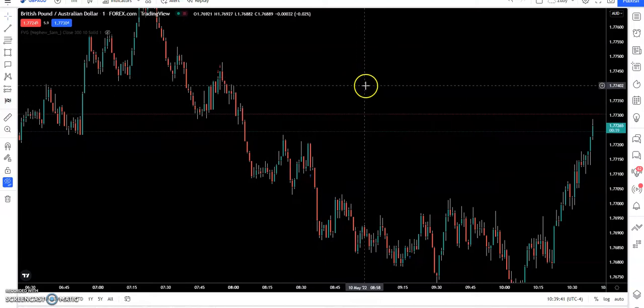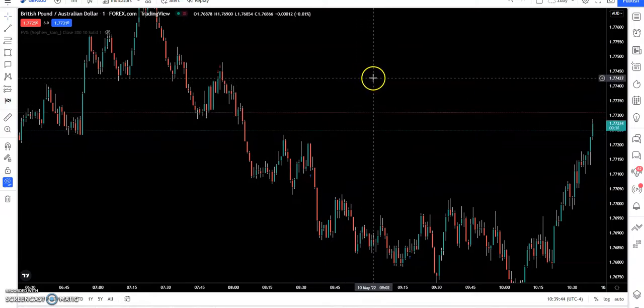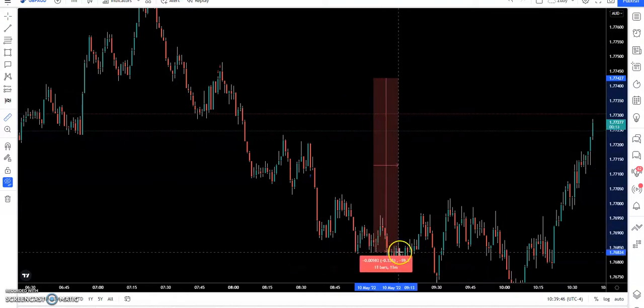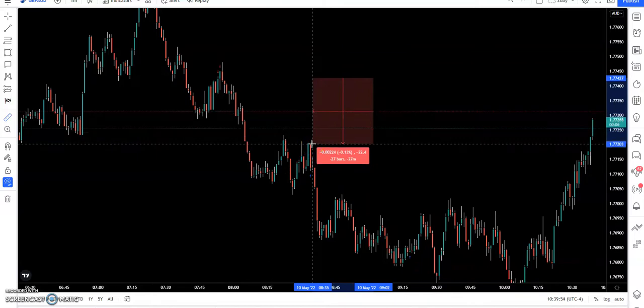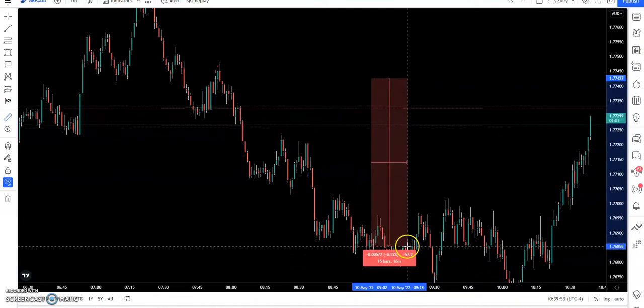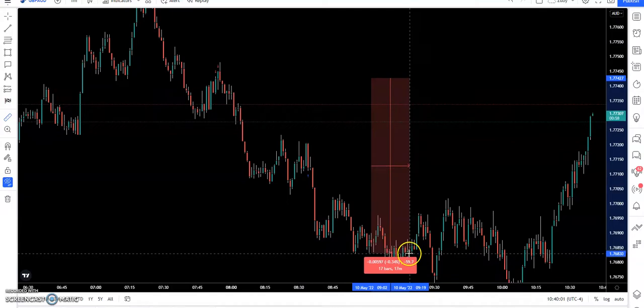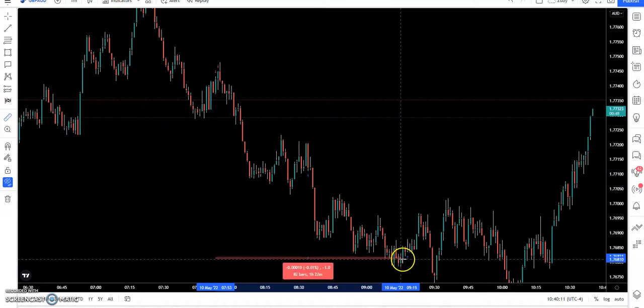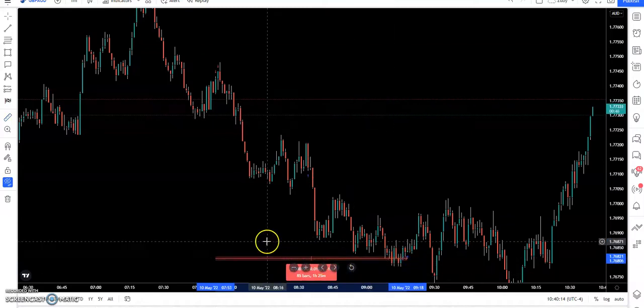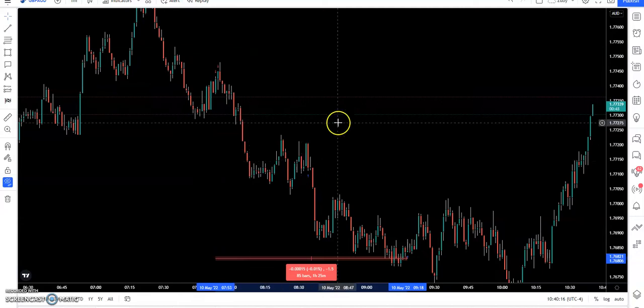So if I take this right here, and I take that down, the first entry, first exit was here, so you can see around about 20 pips, which was fine, and then finally I go out here, which is again around about 60 pips, 58 pips, 60 pips. The time frame between here and here, between when I finished, was 1 hour and 25 minutes. That was my trade.